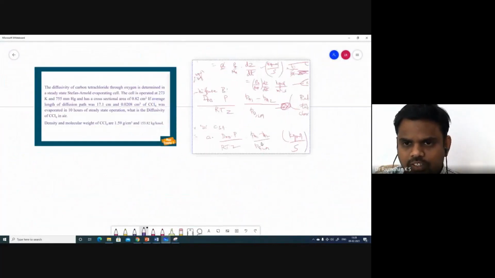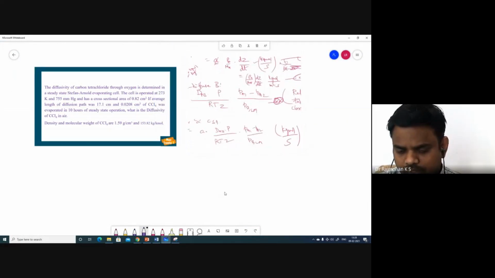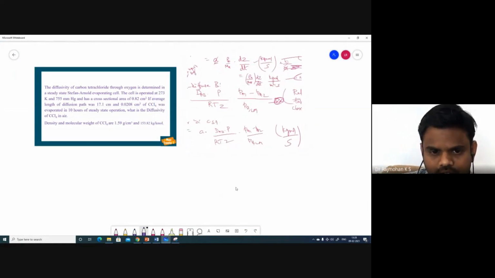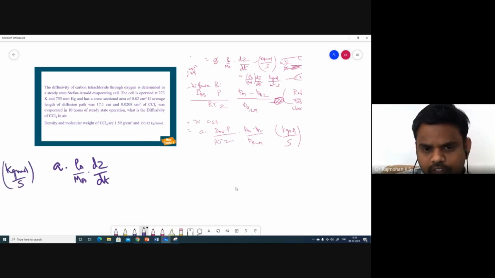Refer to your derivation. So we have this expression: A into rho A by MA into dZ by dt. This will have the unit of kg mole per second. And the flux equation, what is the rate?